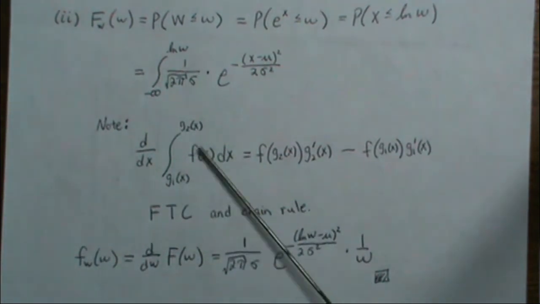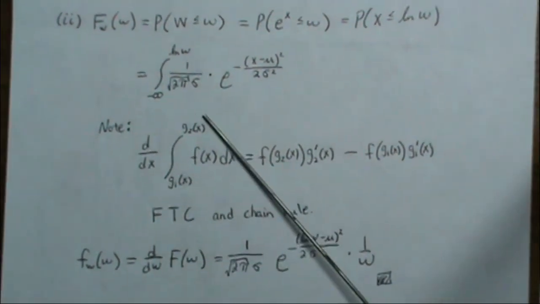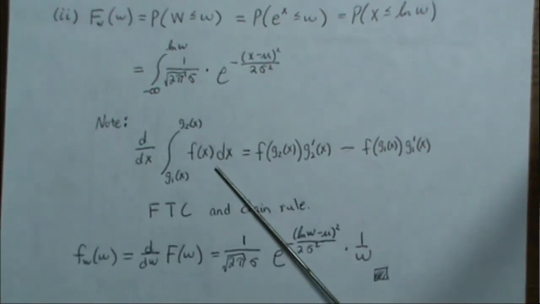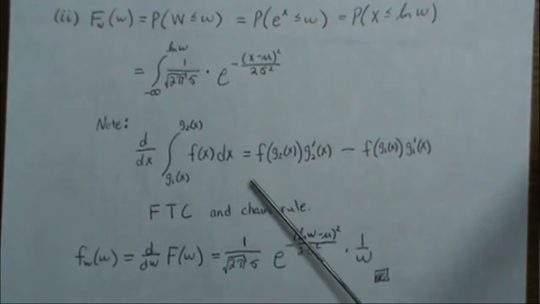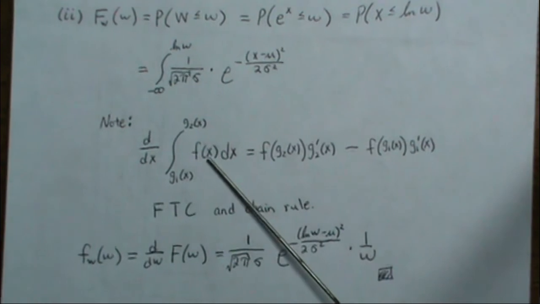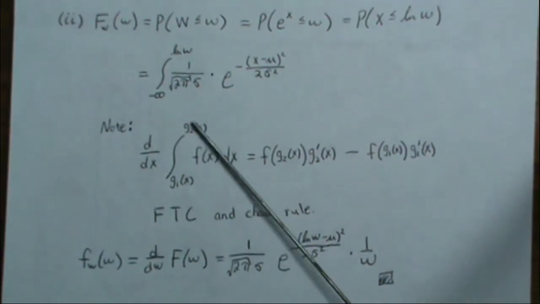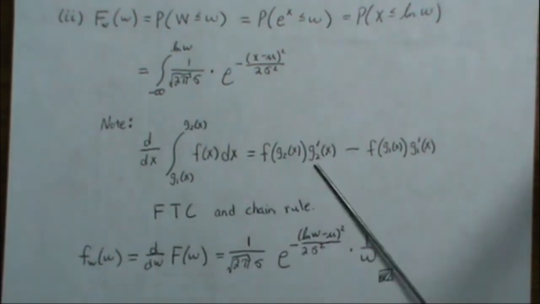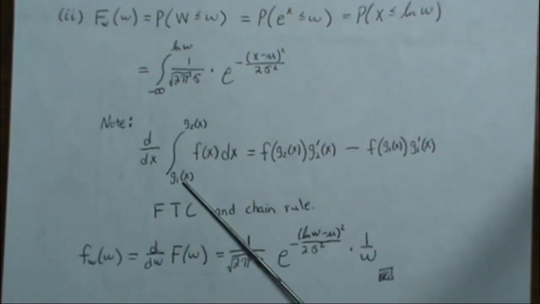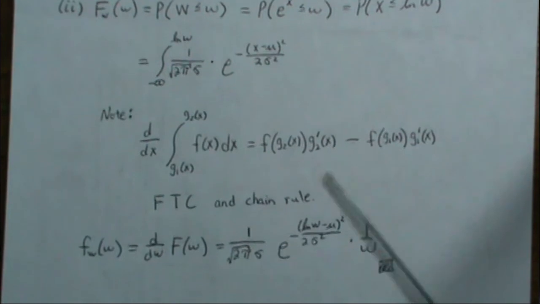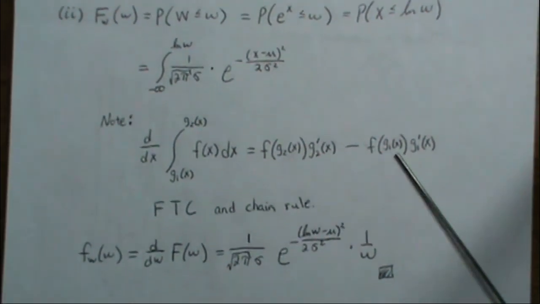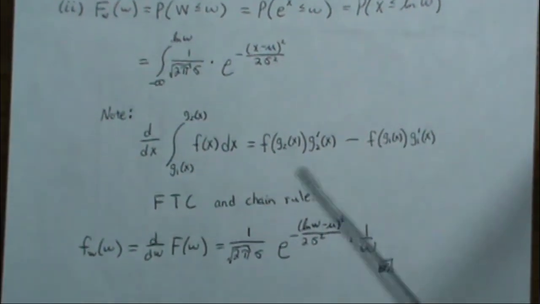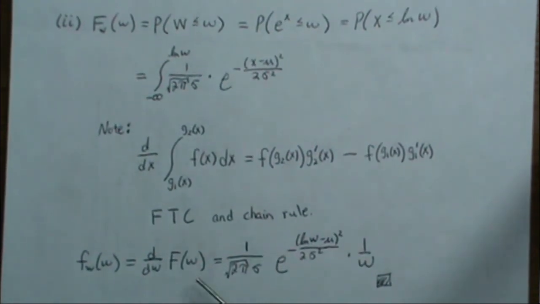So note that if we take the derivative of some integral, then that is the same as f of, you plug in this value for the f, and then take the derivative of it, minus, you plug that value in f, and then take the derivative of it. That's the chain rule. And anyway, that's the formula.